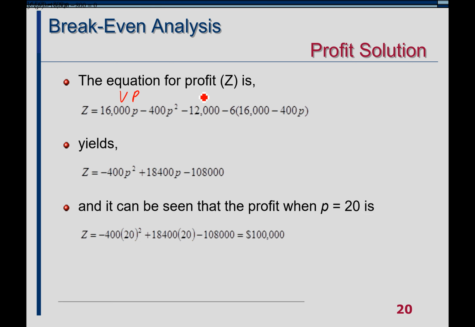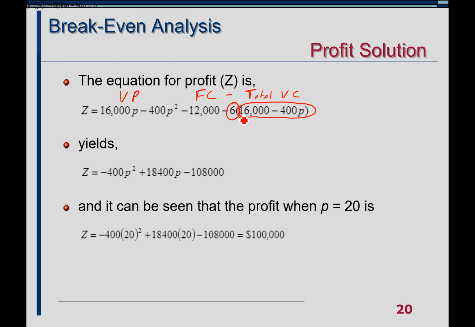This is our fixed cost, and this is minus our total variable cost. Our variable cost is actually $6 per item, times our volume.